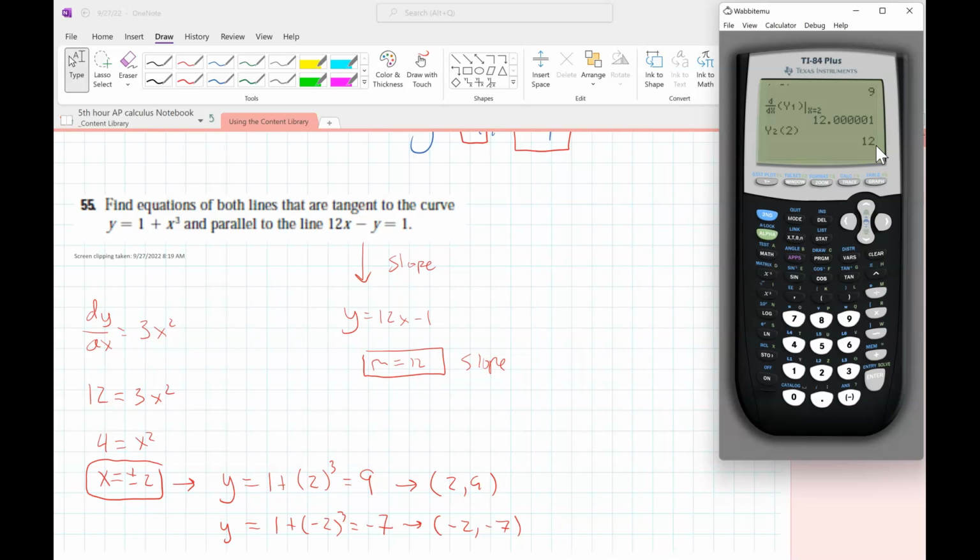To be sure you have the right answer, you'd want to check a couple of different values. It's not uncommon, when the calculator evaluates the derivative at a point, that it uses an approximation, so you're getting something really, really close but not exact.